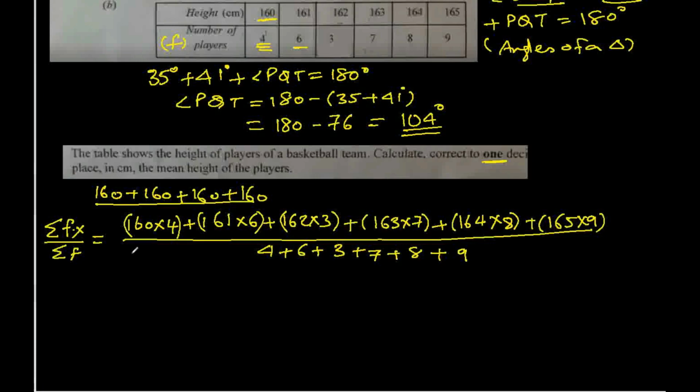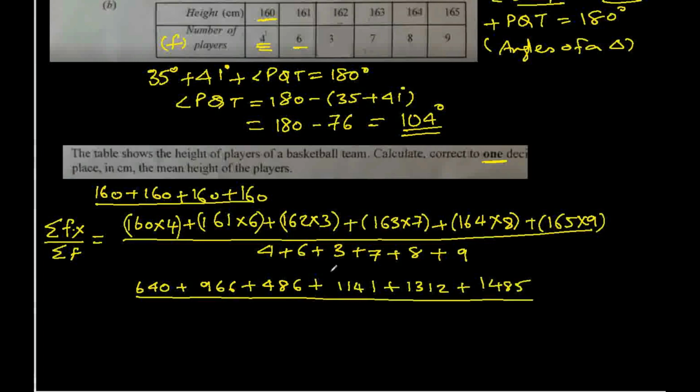All right, 160 times 4, 640 plus 966, 486 plus 1141 plus 1312, and finally we have 1485, and divided by 10, 13, 28, 37.